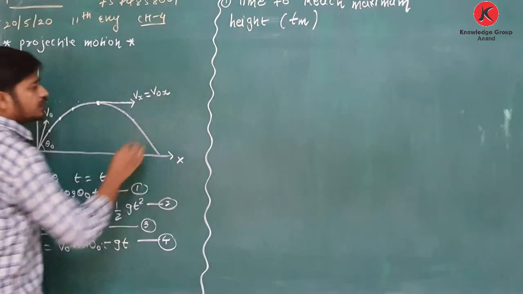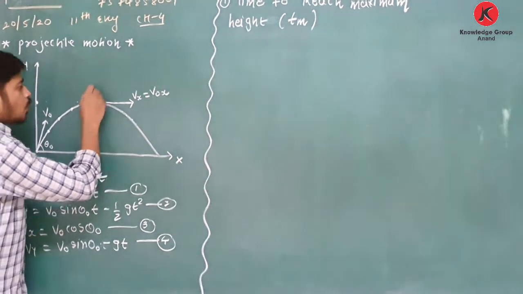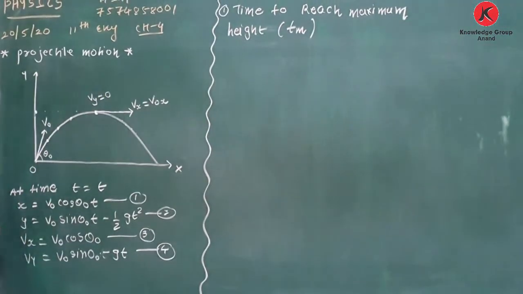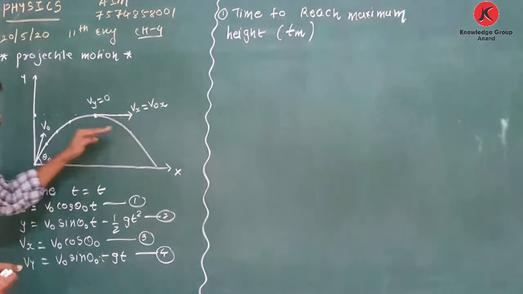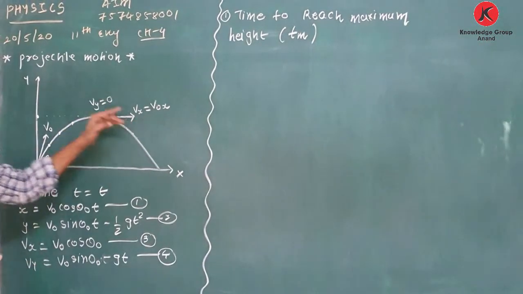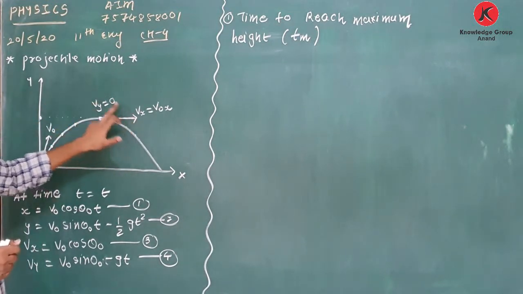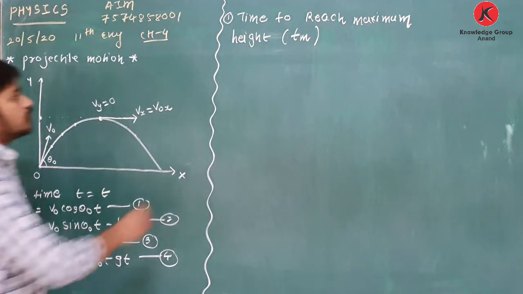Vx is equal to V0x. At maximum height, the y component of velocity is 0, because at this point velocity is only in the x direction, and if any vector is in the x direction, its y component is 0. You have to remember this condition.